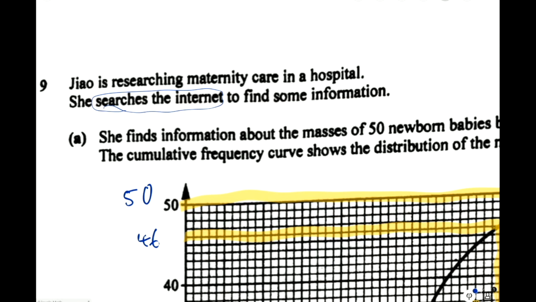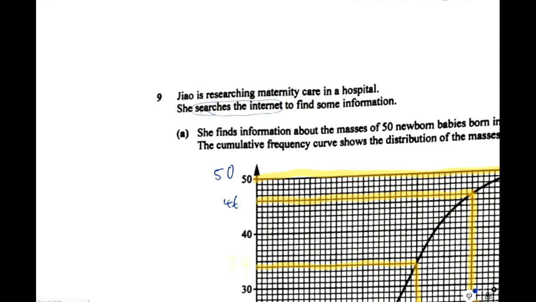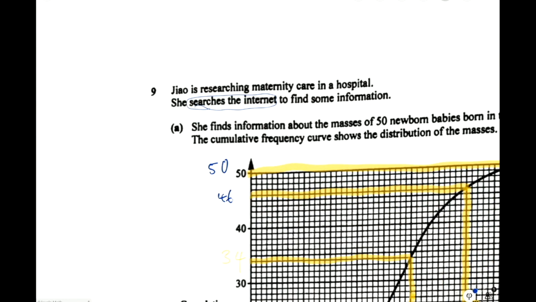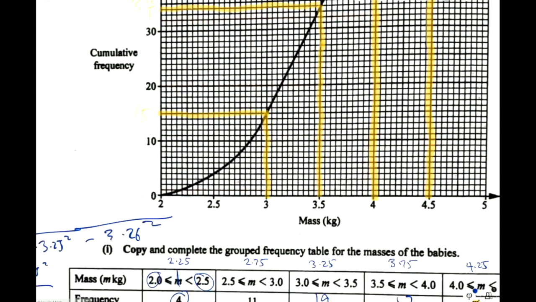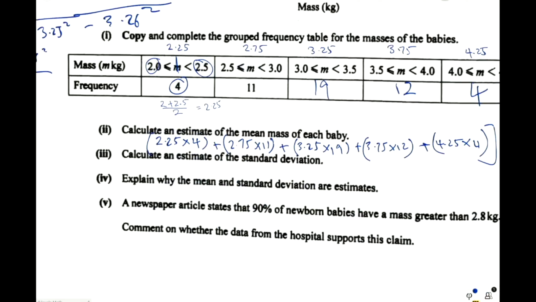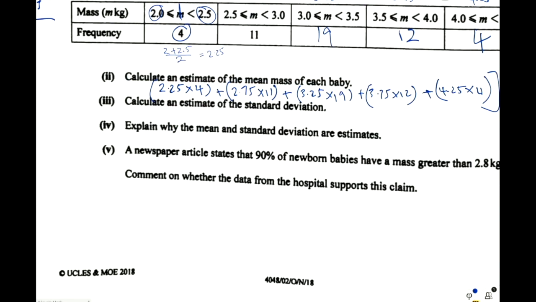She didn't get the real info because the hospital will not give it. Can you imagine she goes to the hospital? Hi, my name is Jiao. I want the information about 50 babies' mass. Can you give that to me? Yeah, so it's not going to happen, okay?